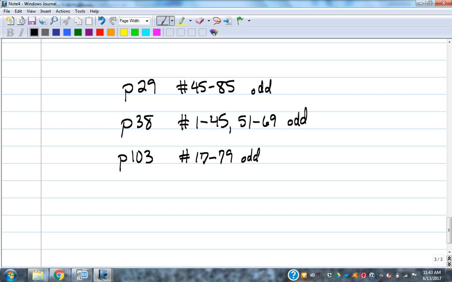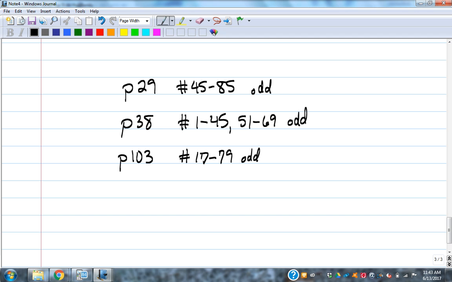I may post one of those that will give you some extra practice on simplifying radicals only, just the square root stuff, on the announcement that I'll send out with the links to the videos of the lecture. That way you've got something else to practice. It'll have the answer key with it so that you'll be able to check those sort of things. But that'll get you ready for that.